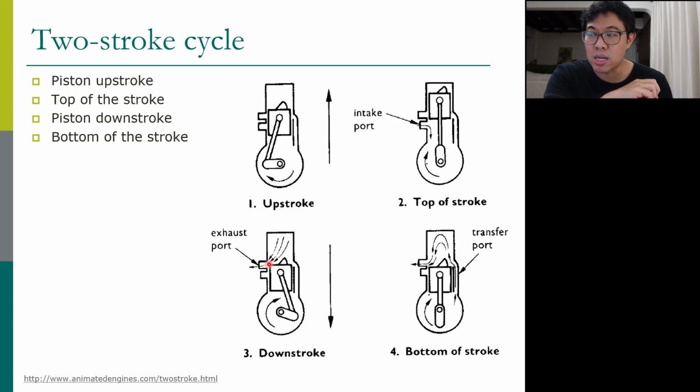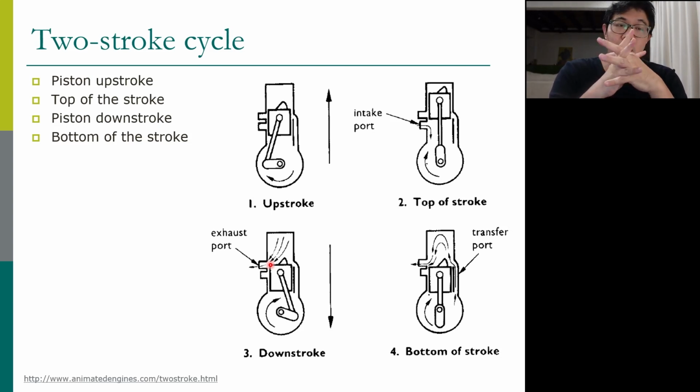The other thing is that we cannot really control the amount of air and fuel, the air-fuel ratio, the timing, and the combustion time. We cannot control that very precisely. Therefore, this engine cannot generate complete combustion, which means it loses a lot of fuel.